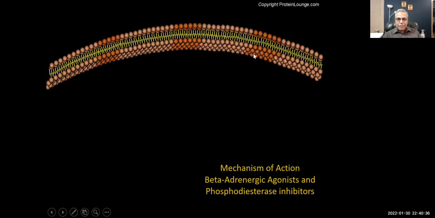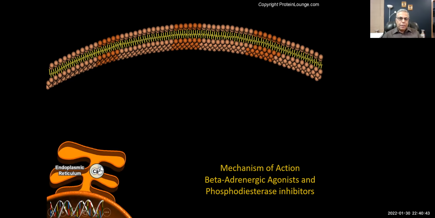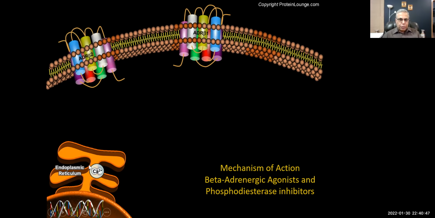So again, this is the cell membrane of a cardiomyocyte. This is the nucleus and endoplasmic reticulum, which stores calcium in it. You can call it sarcoplasmic reticulum. And these are the G protein coupled receptors to which these drugs bind, not only the drugs.